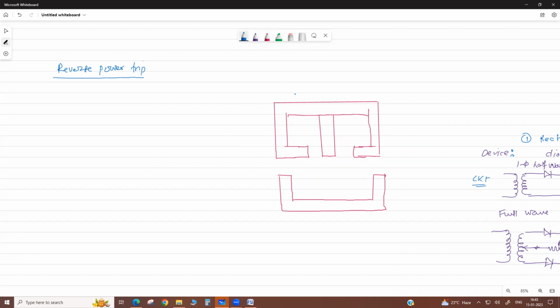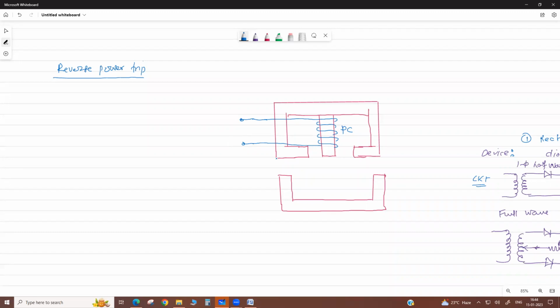Now there are two coils. Here we put one coil that has a large number of turns. This is called the pressure coil or potential coil, and it is connected across the voltage, that is, across the supply.